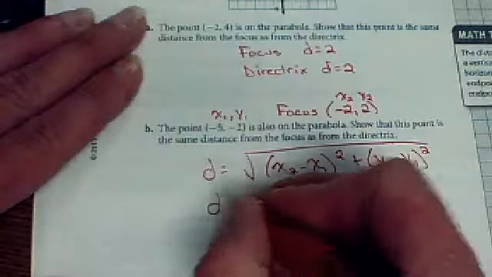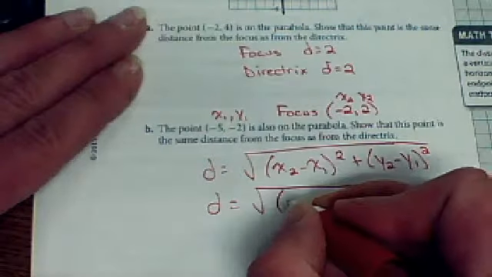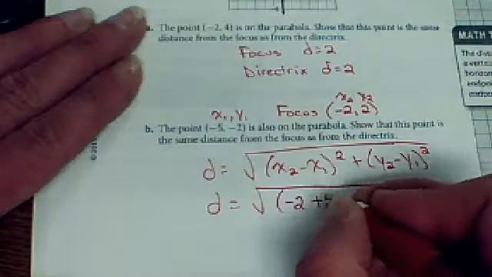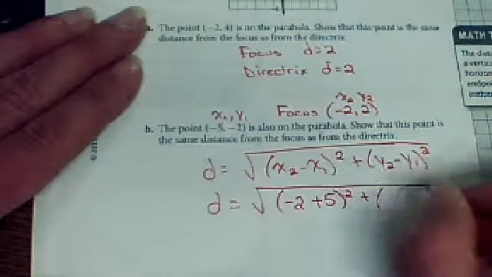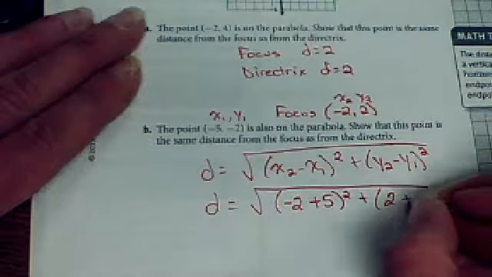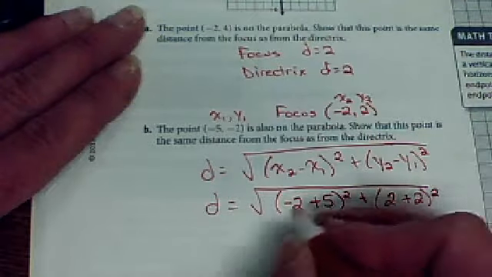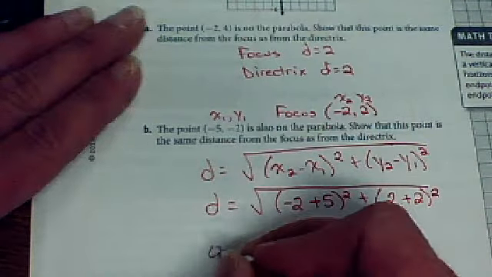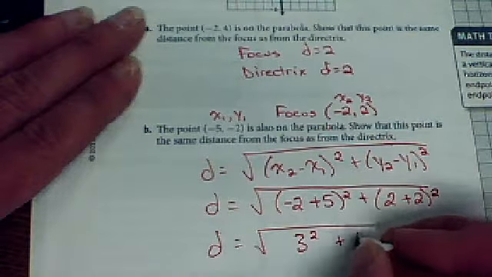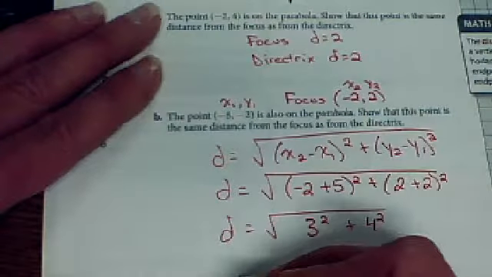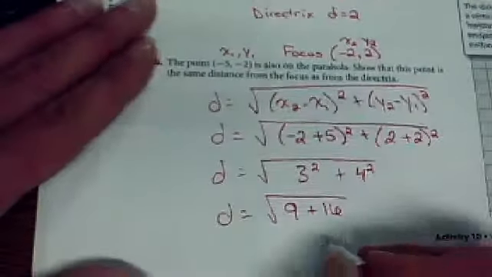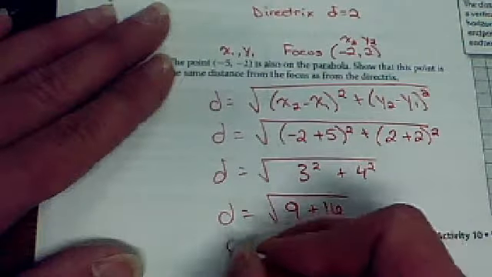So when we plug into the distance formula, x2 is negative 2 minus x1, which is a negative 5. Well, that's really going to give me plus 5. y2 is 2 minus y1, which is a negative 2. If I subtract a negative 2, that's adding 2. Negative 2 plus 5 is going to give me 3 squared. 2 plus 2 is 4 squared. 3 squared is 9, plus 4 squared is 16. 9 plus 16 is 25.